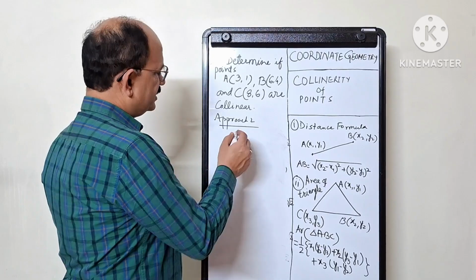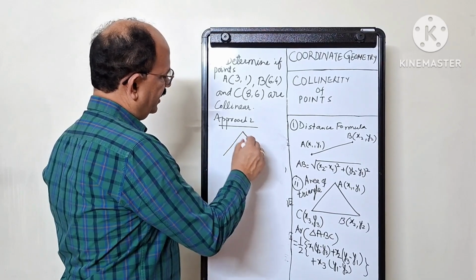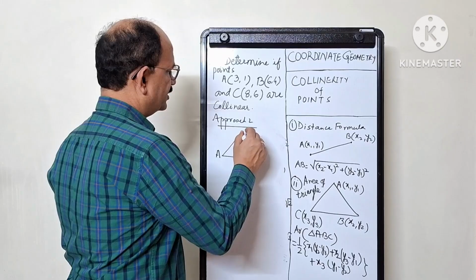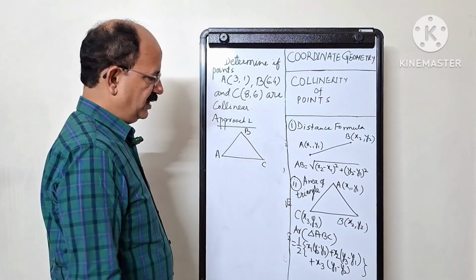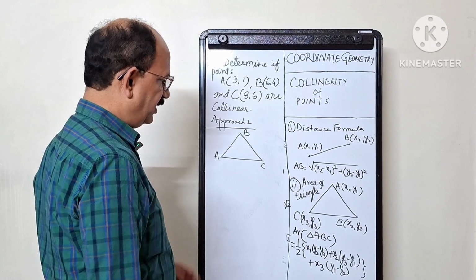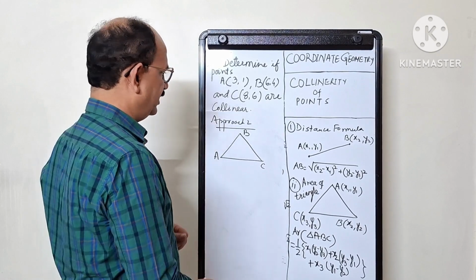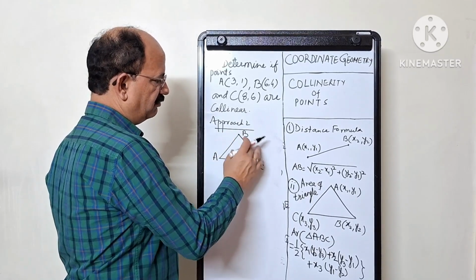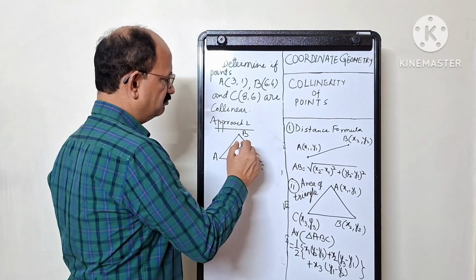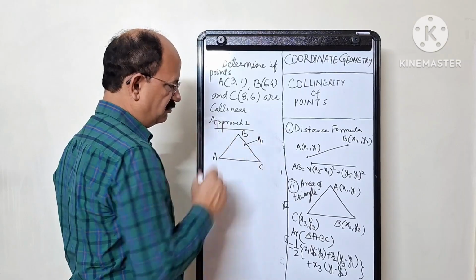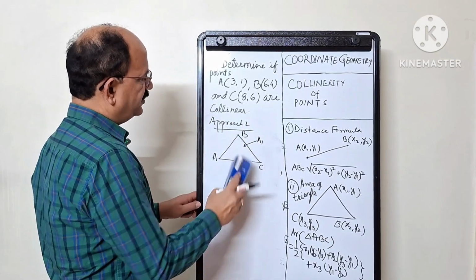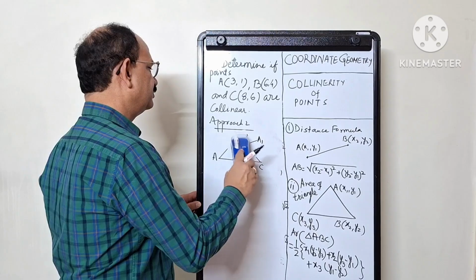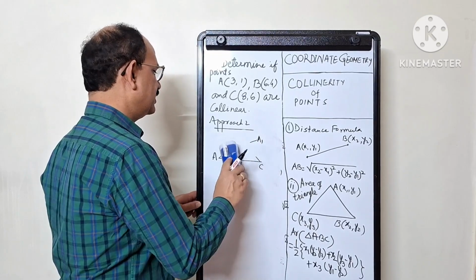Now let's try drawing the same triangle ABC which we had just discussed. Suppose this is A and this is B and this is C. Now another way of looking at this problem is that if this point is here, the triangle has a certain area, let's say A1. Now suppose we bring this point closer to the line AC.